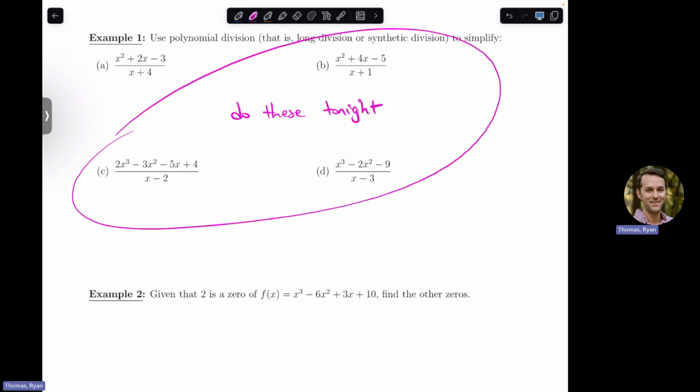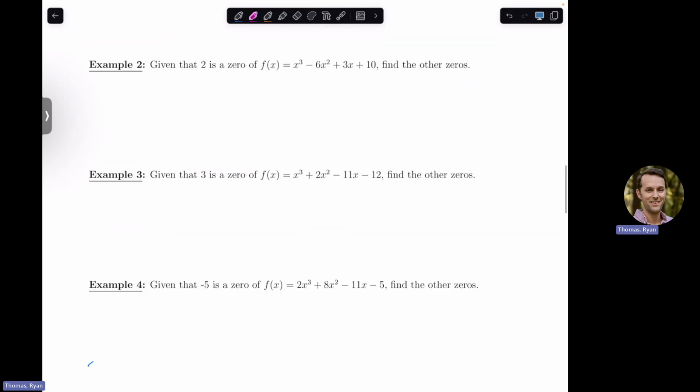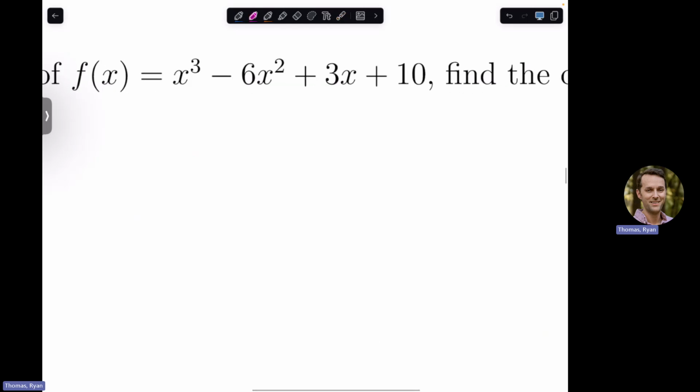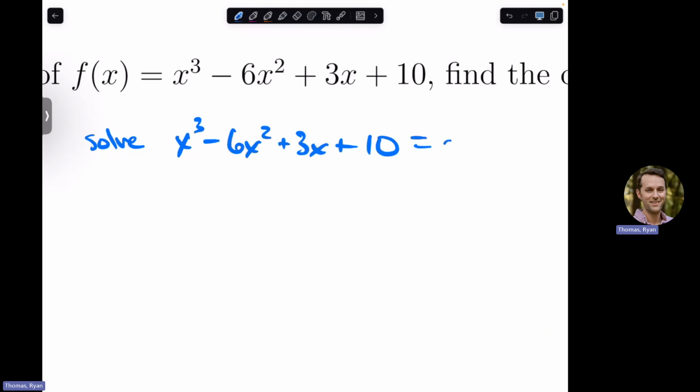So take a look at the remaining examples, 2, 3, and 4. They all have basically the same statement. Given that something is a zero of a function, find the other zeros. So really what we're trying to figure out here is the zeros of this. So we're trying to solve that.